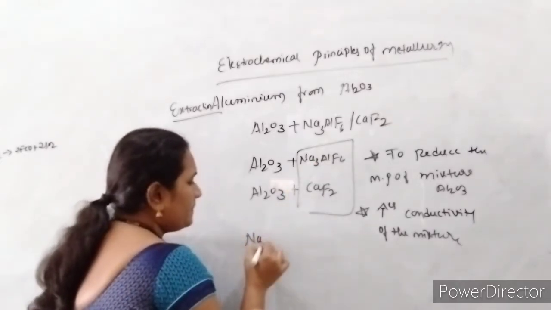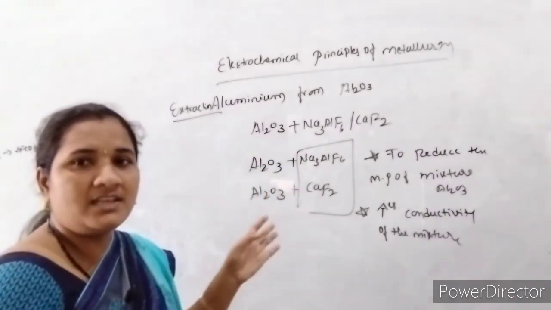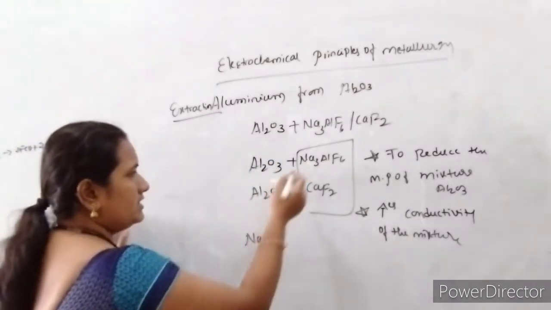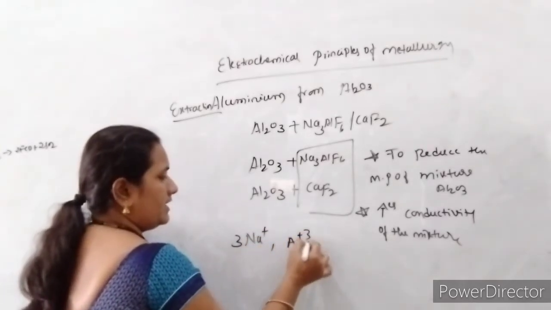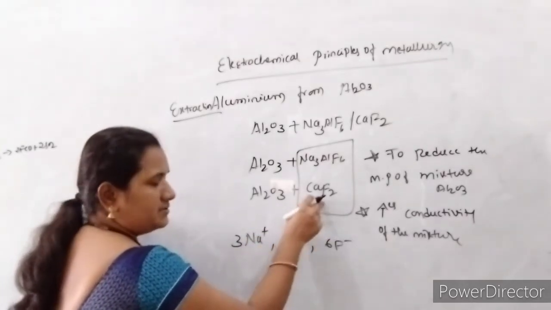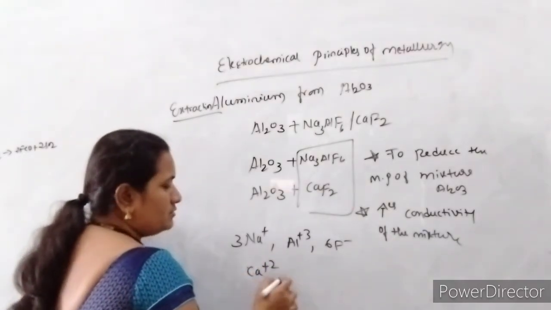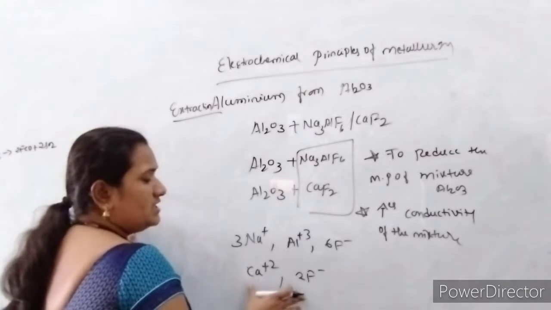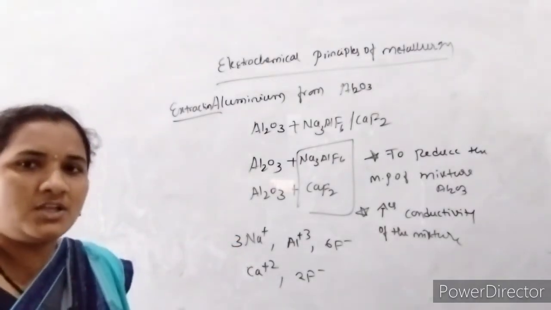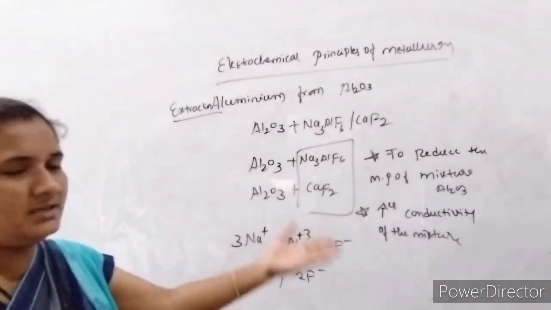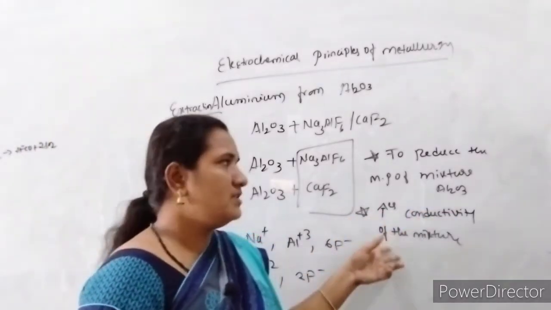They will produce ions whenever they are dissolved in the solution, because we are studying the electrolysis reaction. So they will produce 3Na+, Al3+ and 6F-. If we are using calcium fluoride, then it will produce Ca2+ and 2F-. These ions are able to move from one position to another, and in this way they conduct electricity. That's why they raise the conductivity of the mixture.